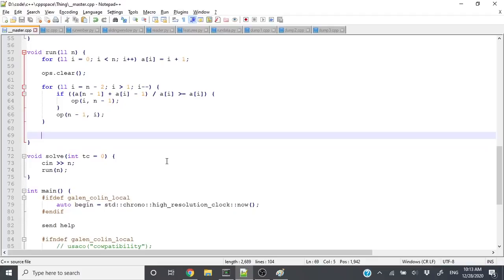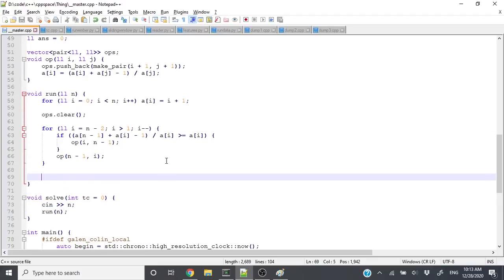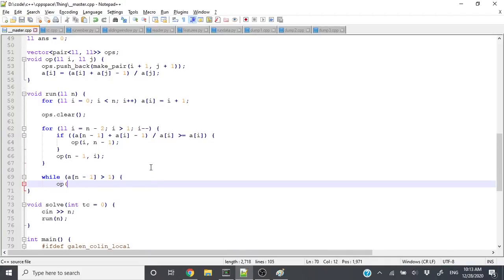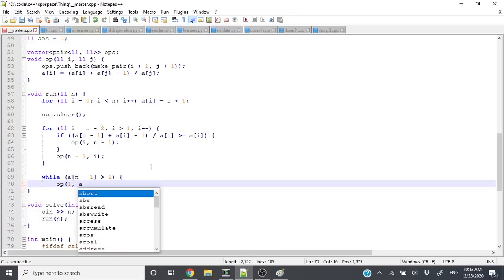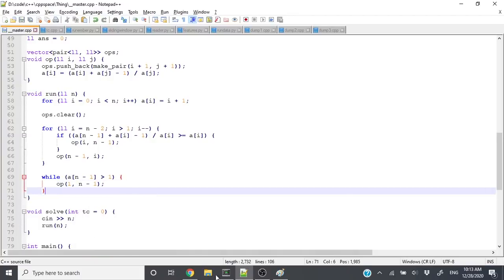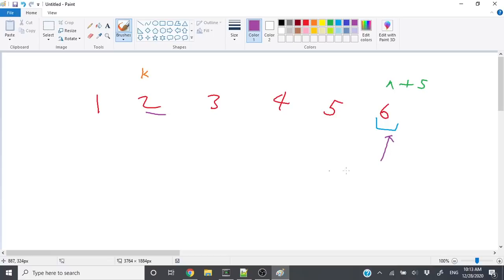Yeah. And then while a m minus 1 is greater than 1, op. Because then we use this 2 in the end to get rid of this.